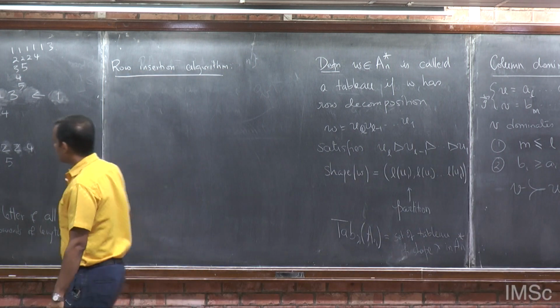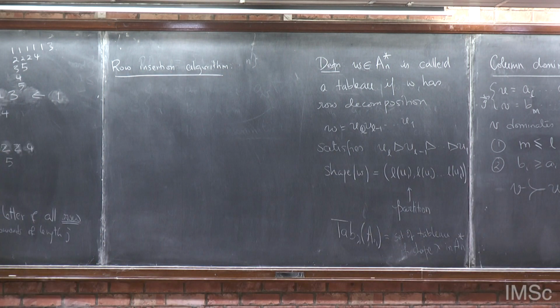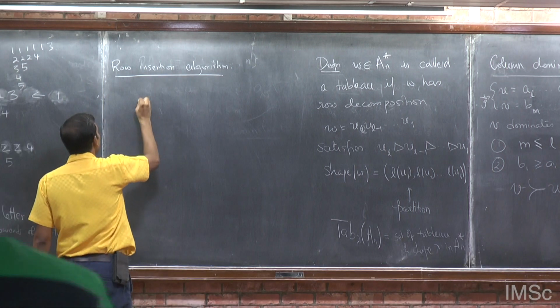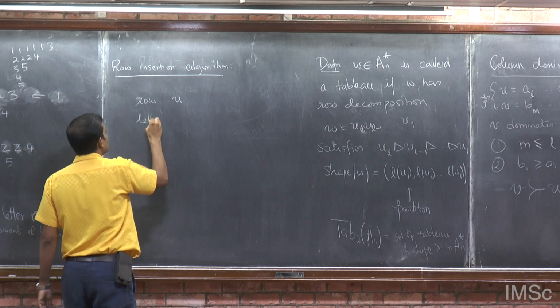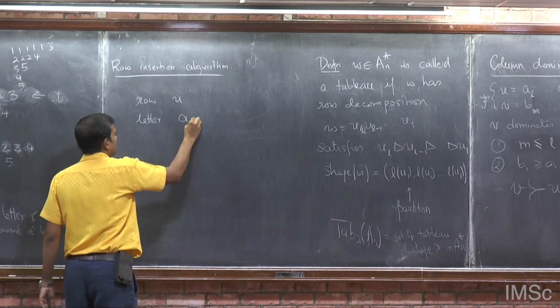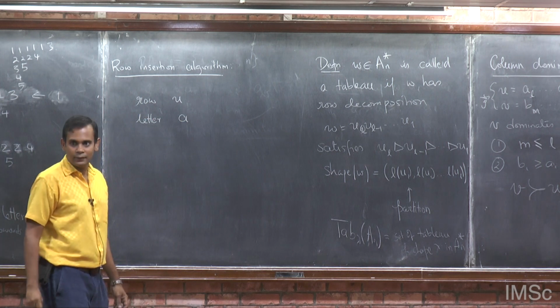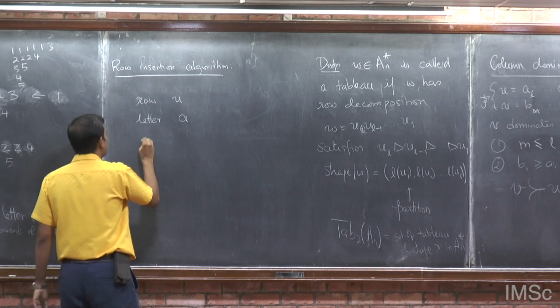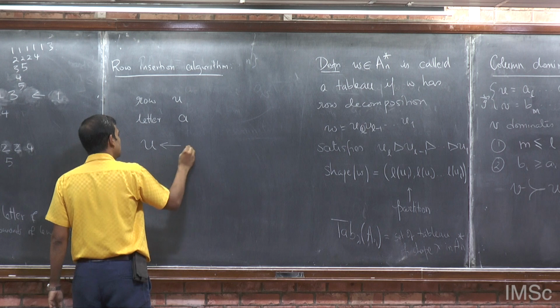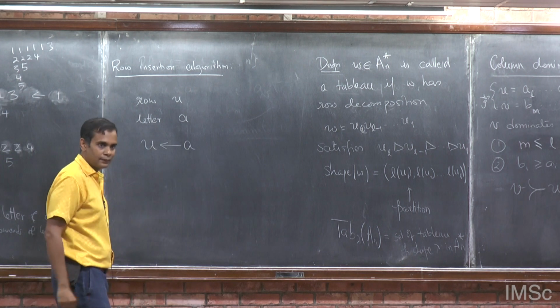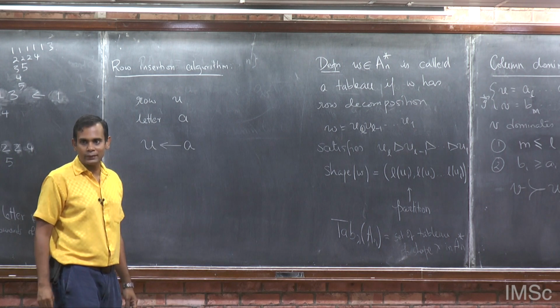So we used this algorithm at every stage of implementing Schensted's algorithm. So what did we have? At each stage of Schensted's algorithm, we had a row U and a letter A, right? And what did we do? We took this row U and we tried to insert this letter A. And one of two things happened.